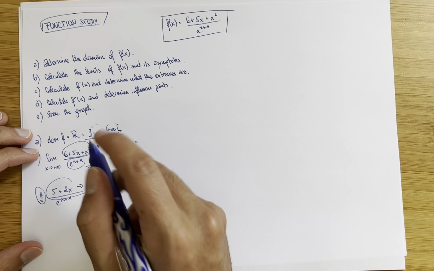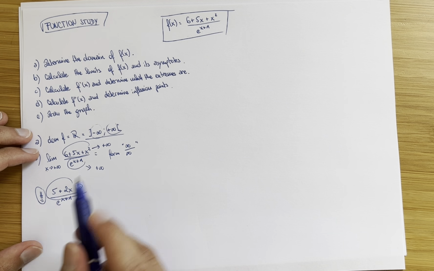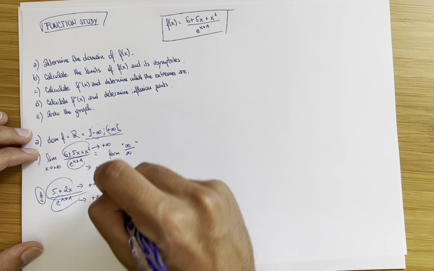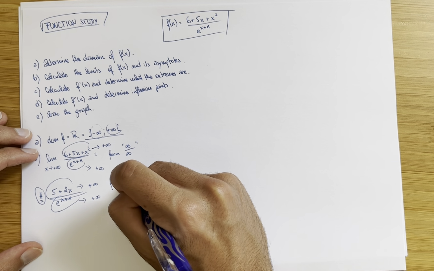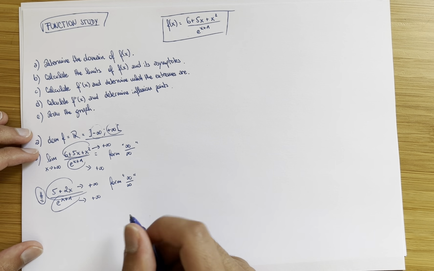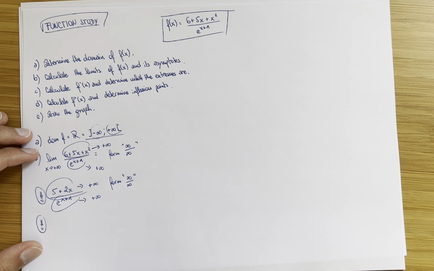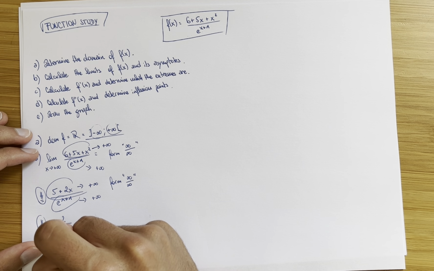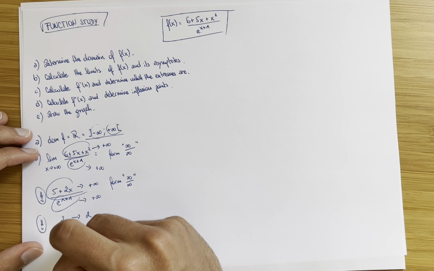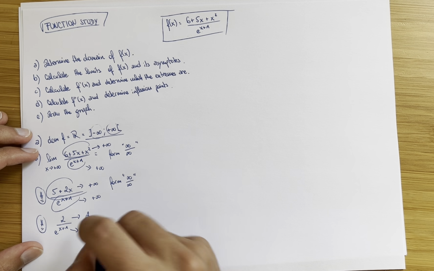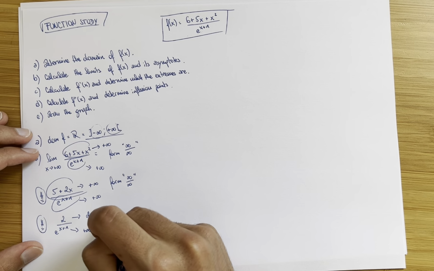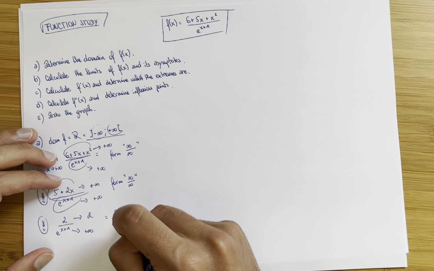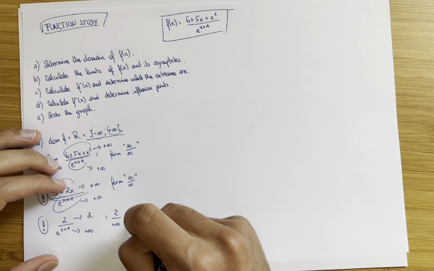Now we look once again. If we apply x equals plus infinity, we have once again plus infinity, and here plus infinity. So we have once again this form infinity divided by infinity, and we can once again do Hospital theorem. And now we remain with 2 and exponential x plus 1. 2 obviously being equal to 2, and exponential infinity being equal to infinity. When there's a number like 2 divided by infinity, it will always be equal to 0.